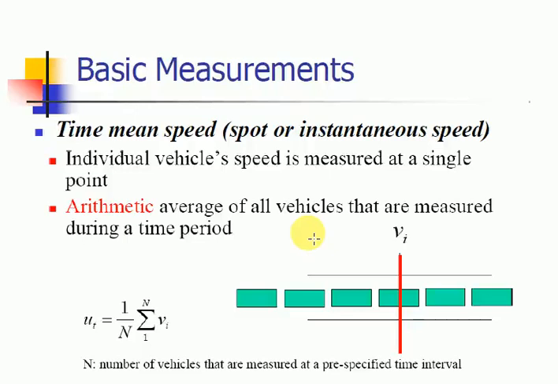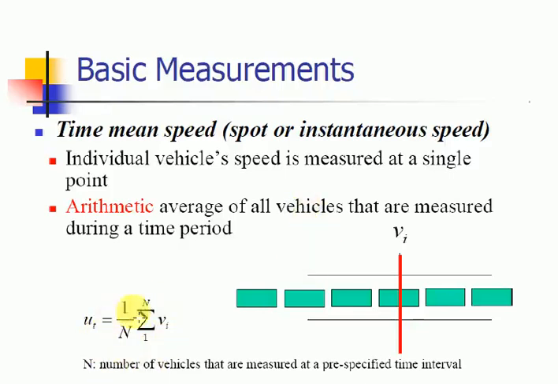The spot speed or the instantaneous speed can be used to design the geometry of the road, like horizontal and vertical curves, then the location and size of signboards, even the design of signals and safe speed. For this, they require the spot speed data.